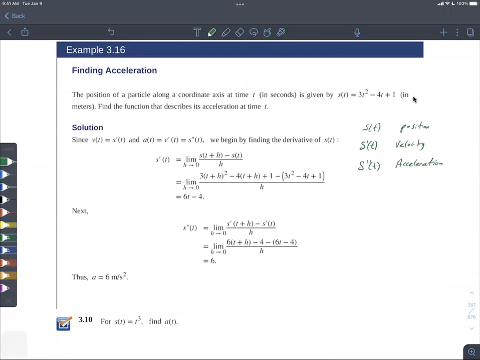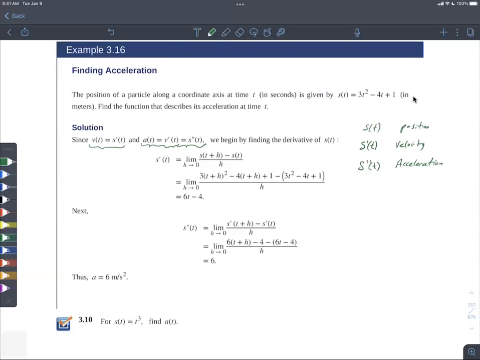Oh, and that's exactly what it says here. v of t, we'll use v to describe velocity, is just the first derivative of the position function. And then the acceleration function is the first derivative of the velocity function, which is the second derivative of the position function, however you want to write that.